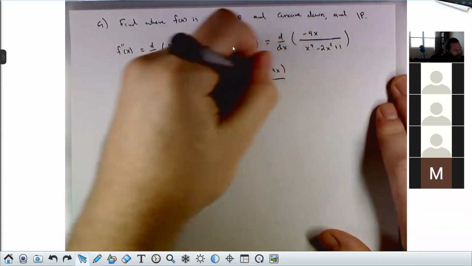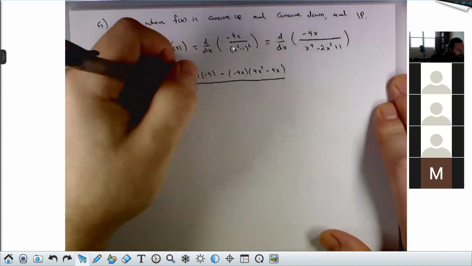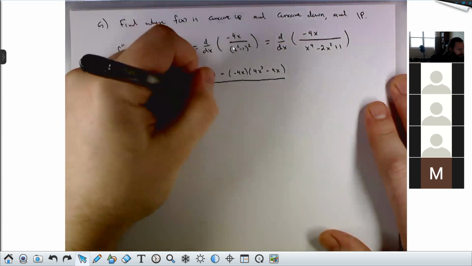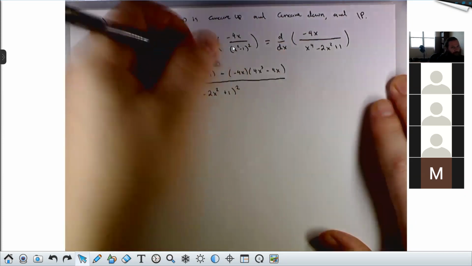So that's all that she wrote there. And then downstairs we have the bottom squared, which is x to the 4 minus 2x squared plus 1 all squared.